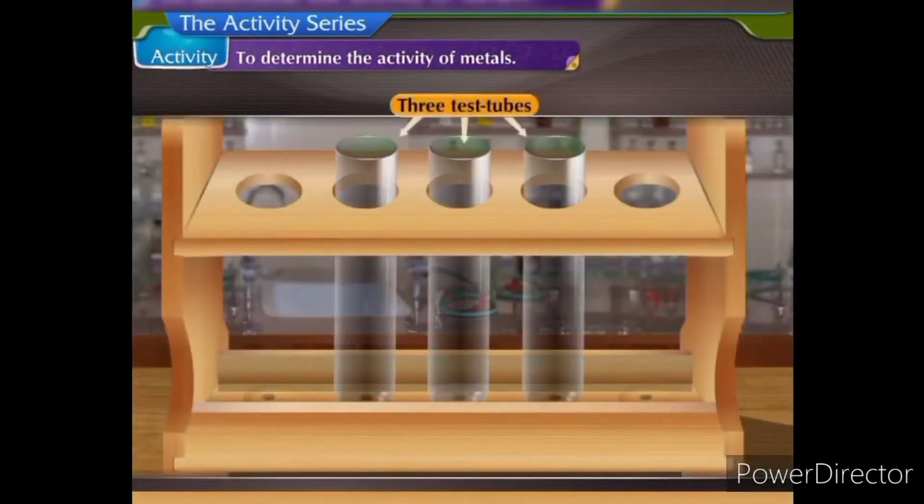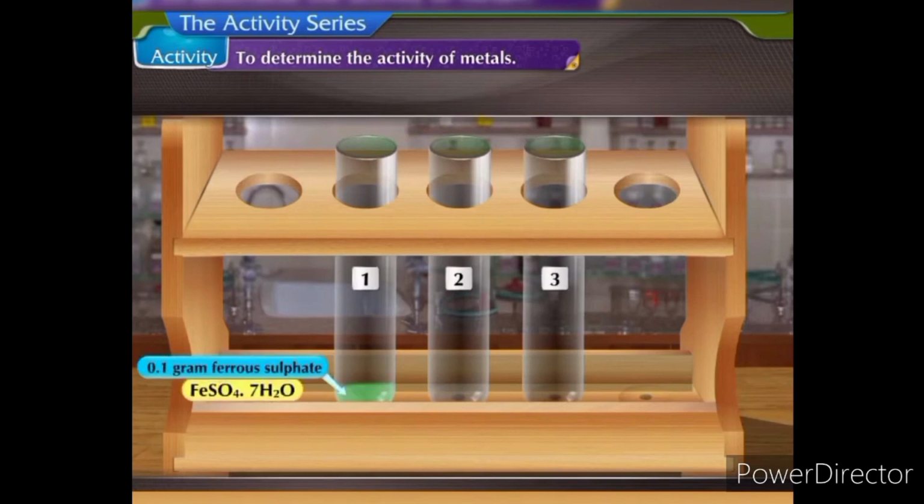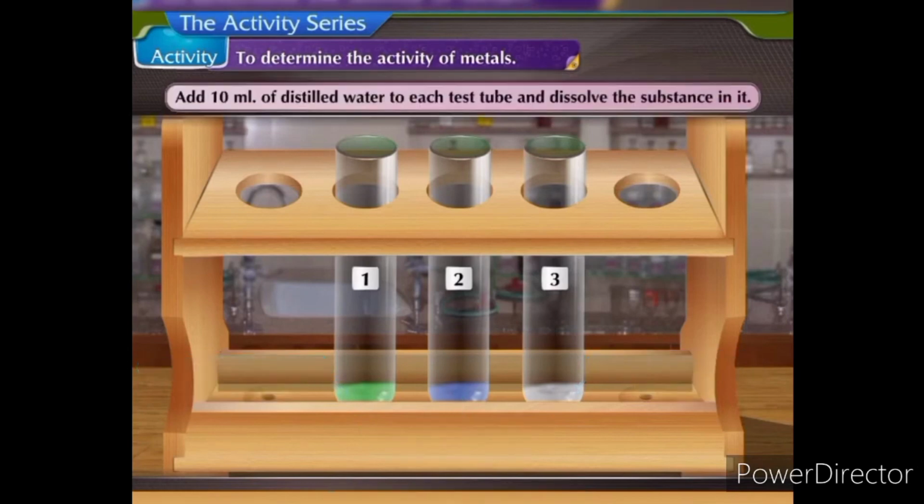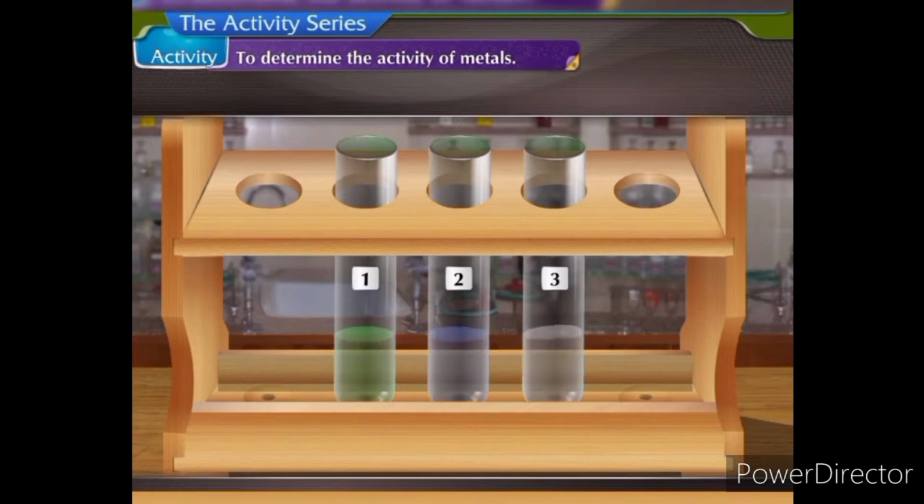Take 3 test tubes and give them numbers 1, 2, and 3. Take 0.1 gram ferrous sulfate, 0.1 gram copper sulfate, and 0.1 gram silver nitrate in the test tubes 1, 2, and 3 respectively. Add 10 ml of distilled water to each test tube and dissolve the salts in it.